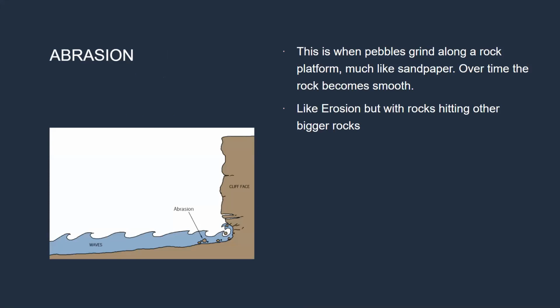Water will throw itself at rocks, moving rocks, and allow them to hit bigger solid rocks on a cliff face. Eventually this happens more and more, and rocks will chip away at rocks or the floor of the ocean, creating an eating away effect at the cliff face. You can see that in the diagram there.